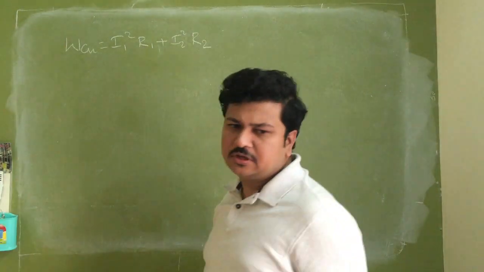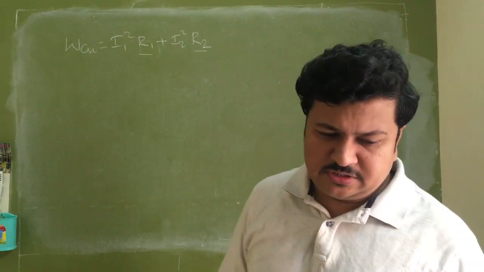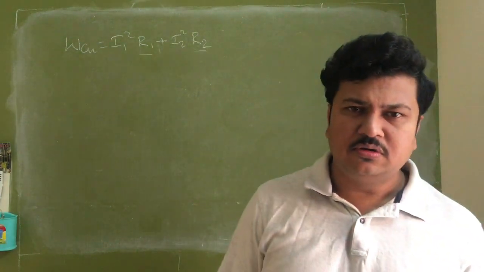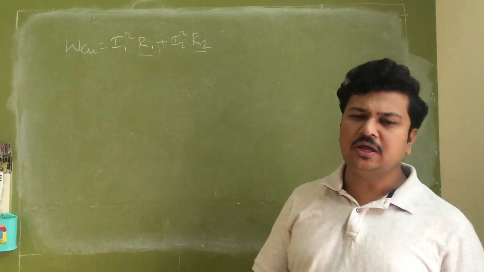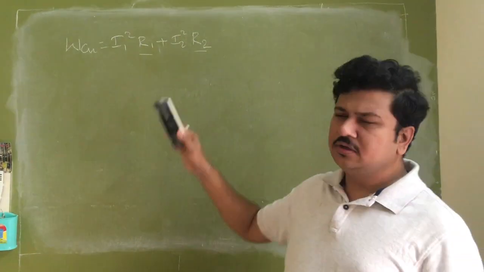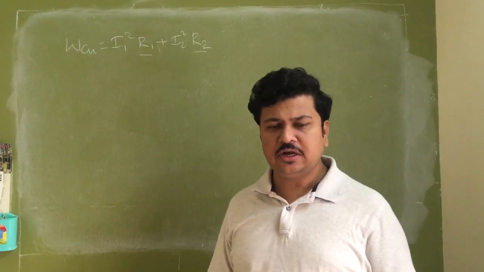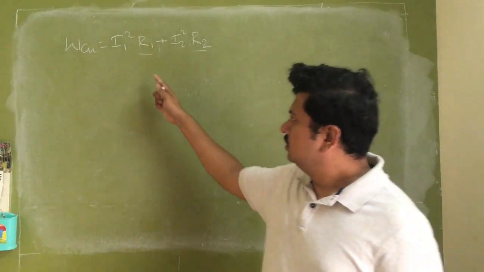The reason for which the copper losses occur is R. If the resistance of the winding is made 0, then the copper losses in the winding will become 0. But practically I can't make the resistance of the winding 0. Therefore, copper losses will exist in the electrical machine, whether it is a transformer, motor or generator. So this we have seen.